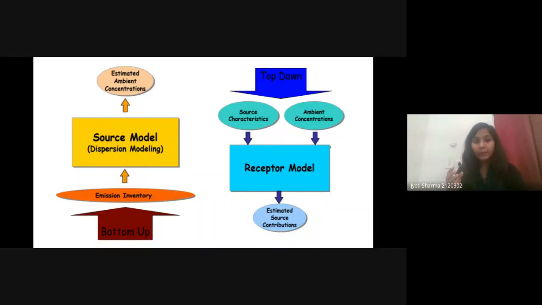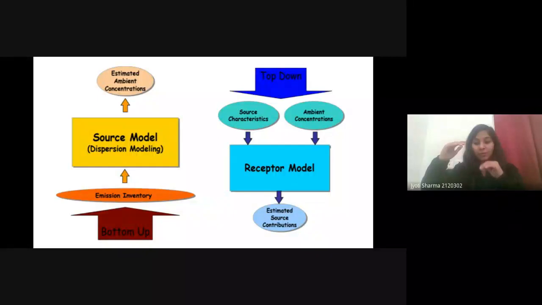So for example, in Delhi there is air pollution, like the value of AQI is more than 300, let's say it's 300. Okay, so in the top down you first have the pollution level in the atmosphere. Then from that you want to calculate how much different industries contributed to that pollution.